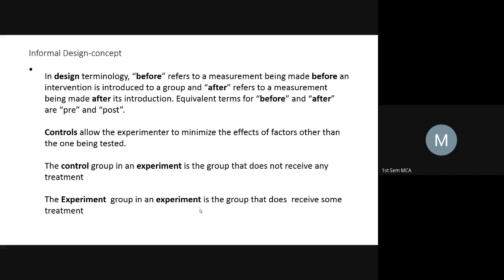In the design terminology, before refers to a measurement being made before an intervention is introduced into a group. I told you right now that you have event 1, event 2, and event 3. Event 1 is I am taking a class and I am going to analyze the learning level of a student.